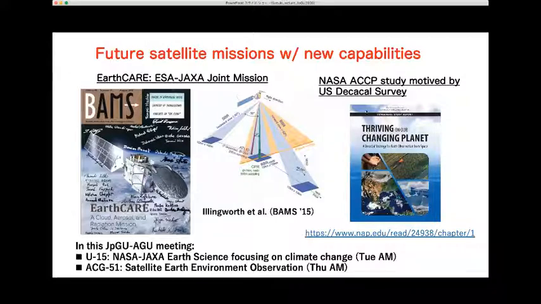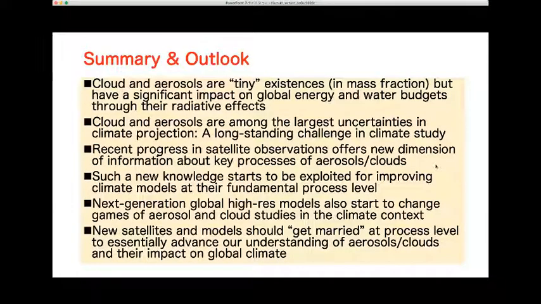And there is also another ongoing study in the NASA ACCP, Aerosol Cloud Convection Precipitation study, that can also enhance the satellite observations to advance our understanding of cloud and precipitation. So okay, this is almost time. I'd like to stop here, and this is just a summary left for your viewing. Thank you very much.